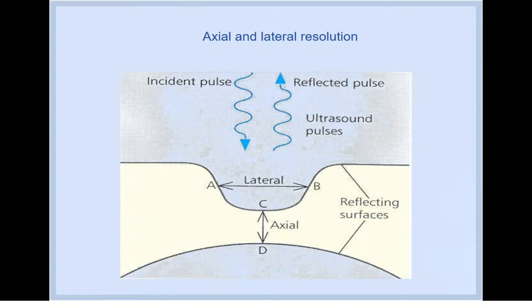However, high-frequency beams suffer the greatest absorption, hence a compromise is necessary between resolution and penetration, restricting the practical frequency range. Different probes are used for different frequency ranges, the most common range being between 3 and 10 megahertz.